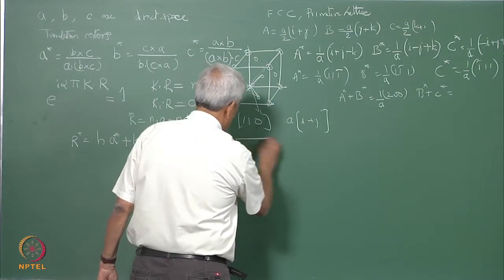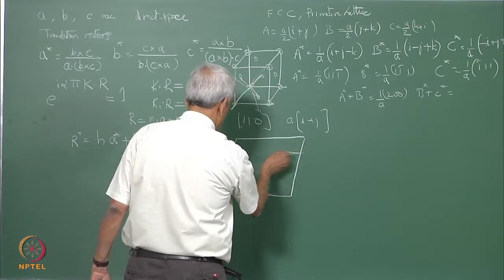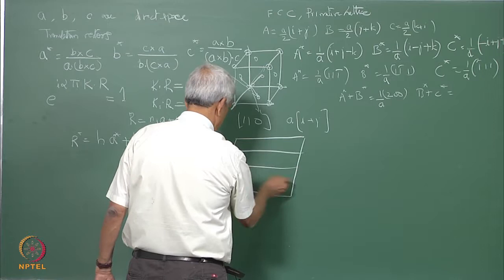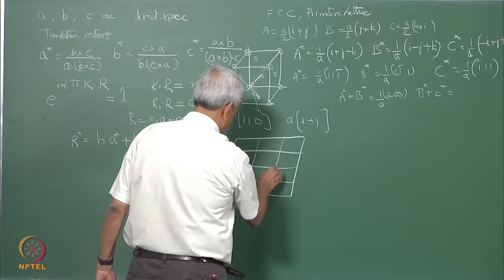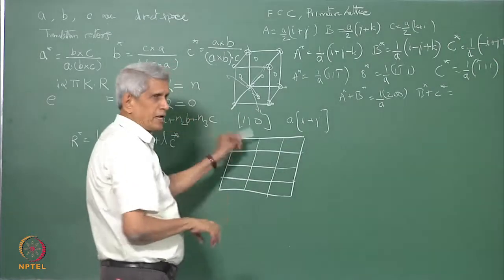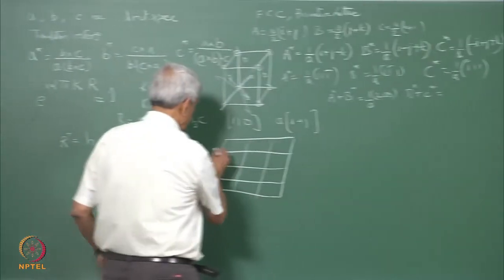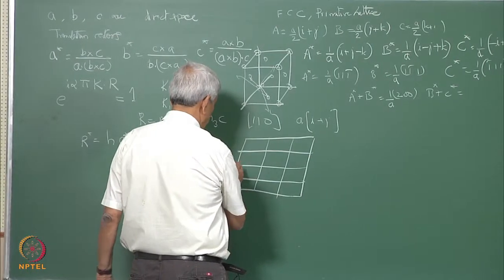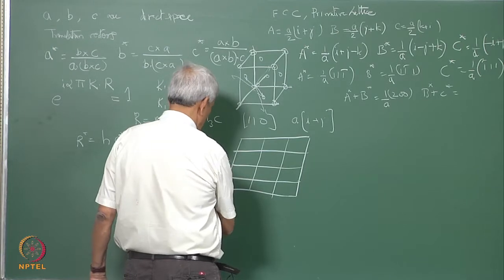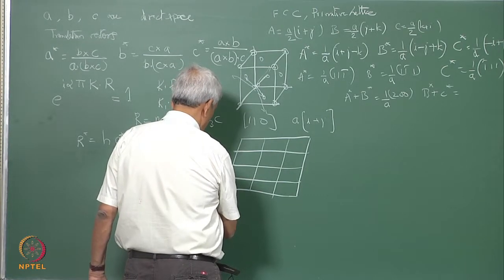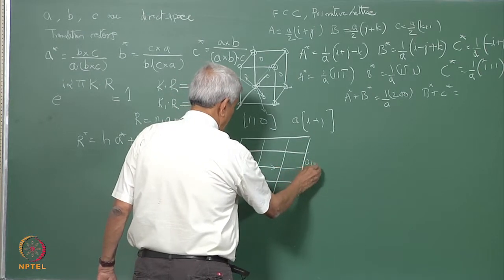Suppose the lattice itself is a two-dimensional lattice which we are considering, correct? You take this as the origin, then this direction will be 1 0 0, this direction will be 0 1 0.